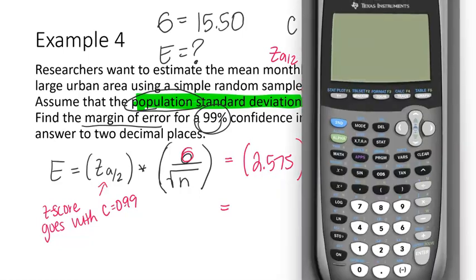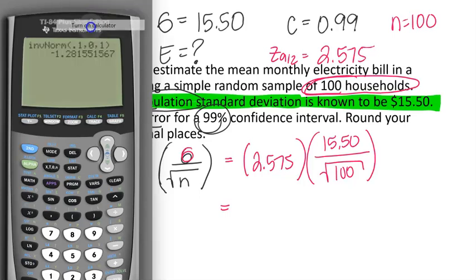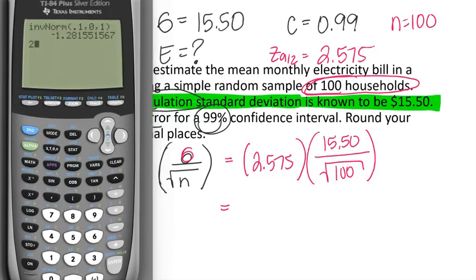And in my calculator, that would be 2.575, open my parentheses, 1550 divided by the square root of 100. Move outside, close your parentheses. My error, 399.